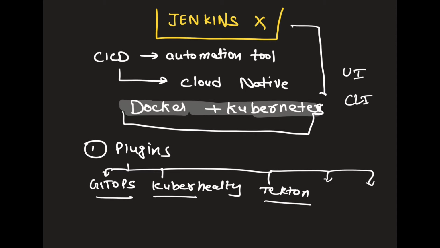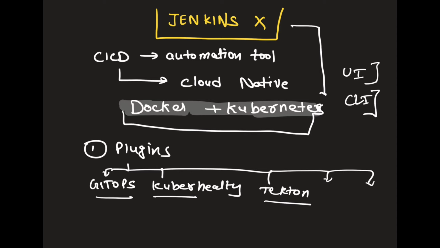You can configure your CI/CD pipeline through UI based configuration, providing all of the configuration through the Jenkins X UI, or you can leverage the CLI also. There are a lot of CLI commands once you install the CLI utility, using which you can configure your CI/CD pipeline for deployment into Kubernetes.